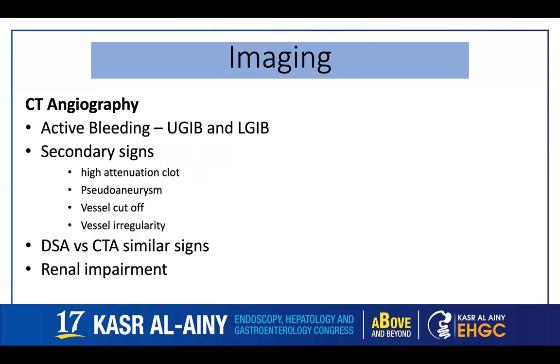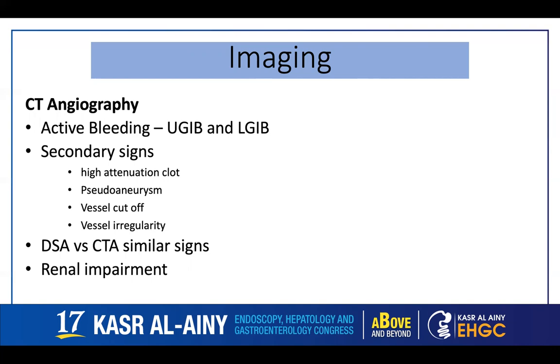A patient diagnosed by CT angiography, the advantage is that it diagnoses patients with active bleeding, whether upper GI or lower GI. We also see secondary signs which can help us in diagnosis, which are high attenuation clot inside the vessels. We can also see pseudoaneurysm. We can see vessel cutoff and vessel irregularity.